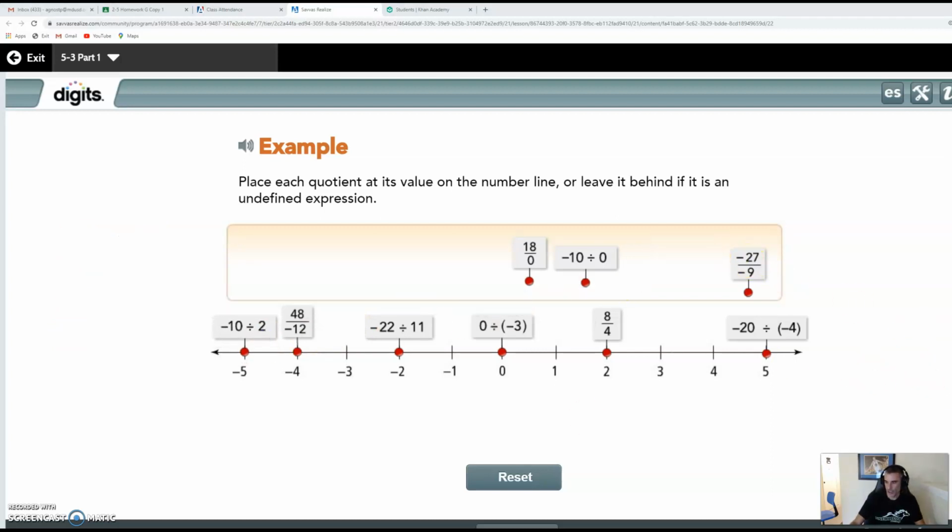And last one, negative 27 divided by negative 9. The signs are the same, so they're going to pair up and make a positive. 27 divided by 9 is 3. There we go. Okay, moving on.